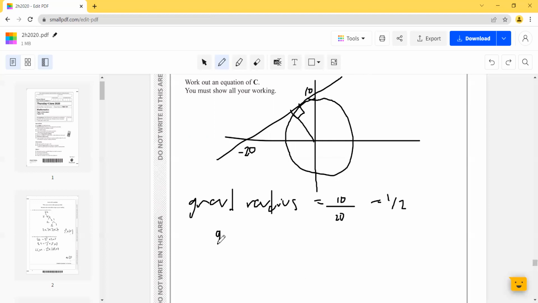So the gradient of the tangent is -1 over a half, which is -2. Hold on, let me simplify this.